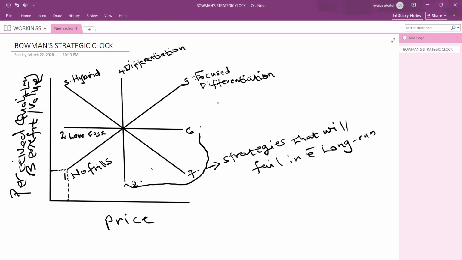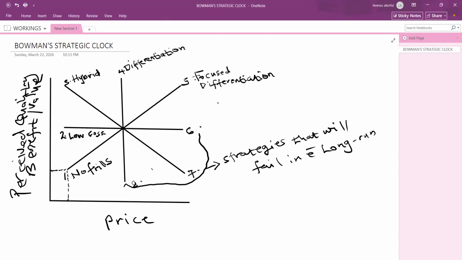You notice that for the no frills, the perceived quality is what? Below average. You notice that this point here, the point two here, the 9 o'clock bar, is average quality. So anything below here is below average quality. And you see they are producing here. So it is below average.